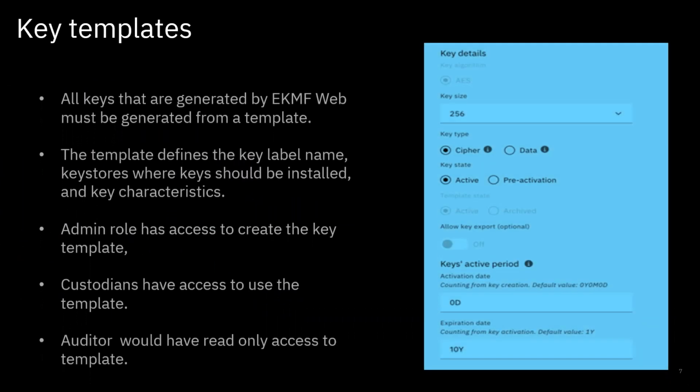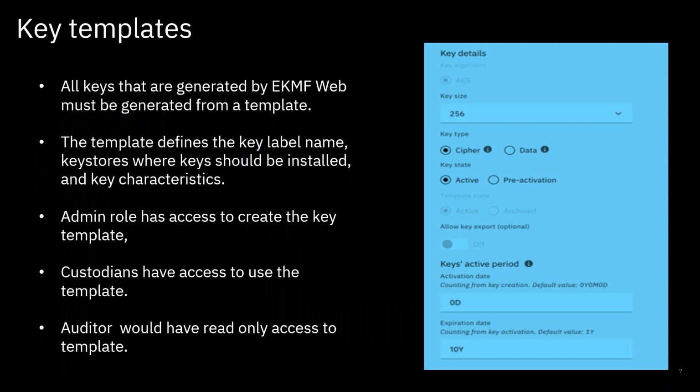All keys that are generated by EKMF Web must be generated from a template. The template defines the key label name, key stores where keys should be installed, and key characteristics. Typically, the key administrator role has access to create the key template, whereas the key custodian has access to use the template, and the auditor role would have read-only access to the template.